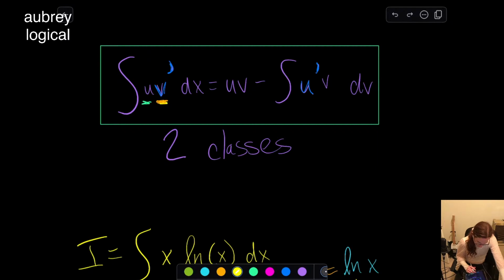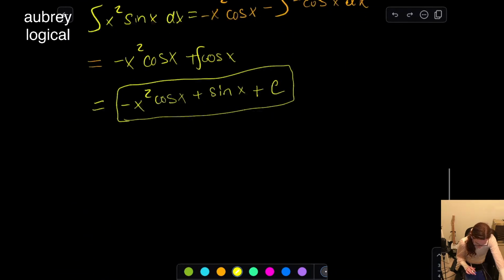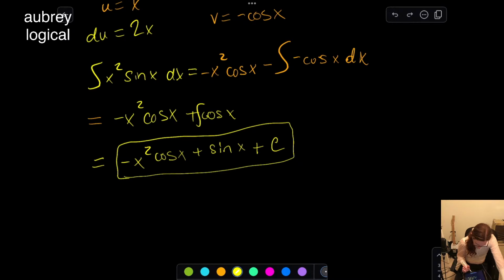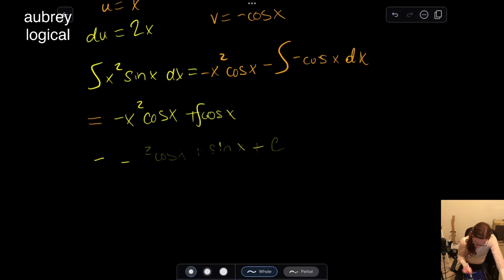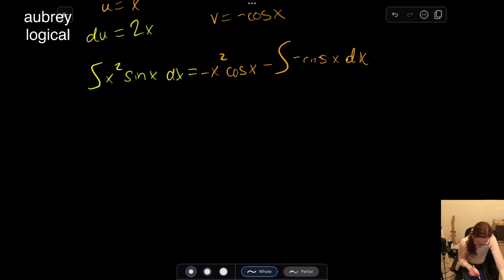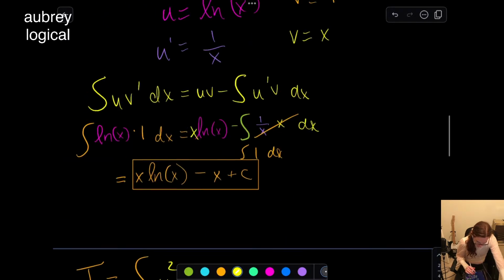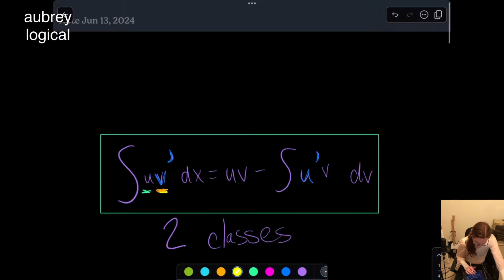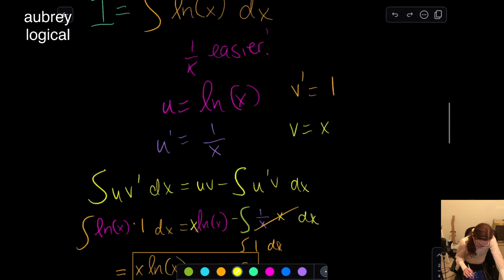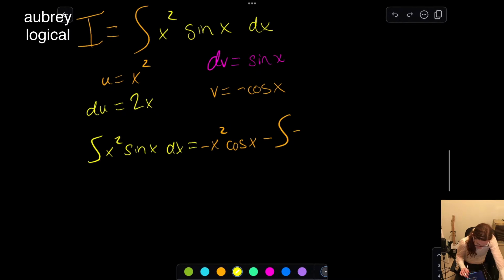Oh, u prime v. All right, well, forgive me. All right, back it up. So we're doing the integral of the derivative of u times v.